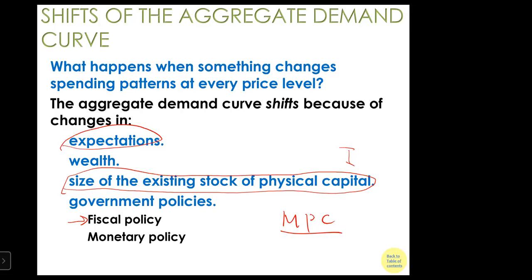In other words, monetary policy affects aggregate demand through the price. Those are the things that can cause the aggregate demand curve to shift, either to the left or to the right. But nevertheless, they can cause aggregate demand to change.